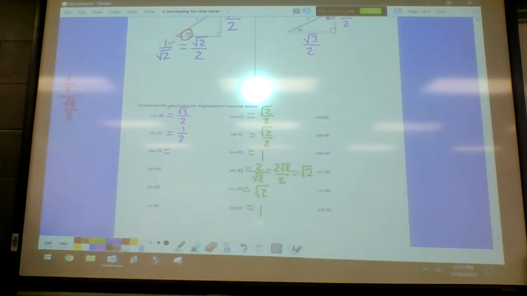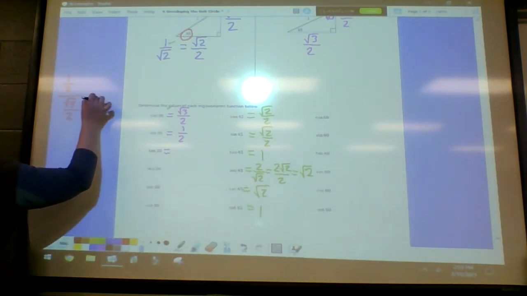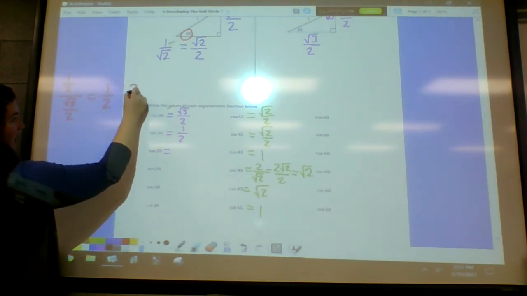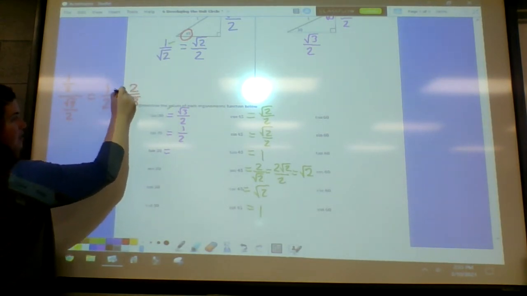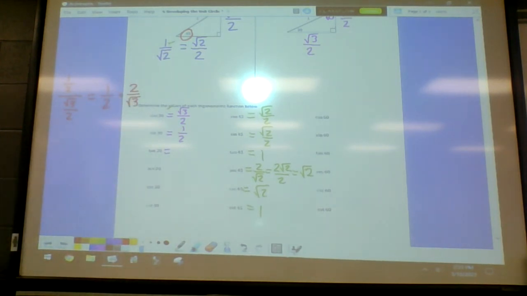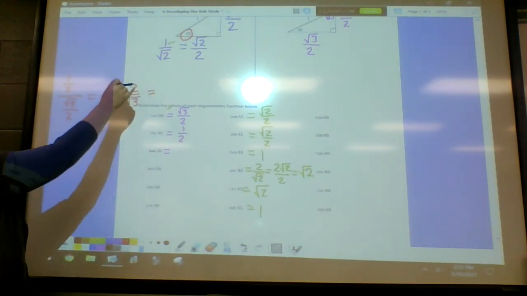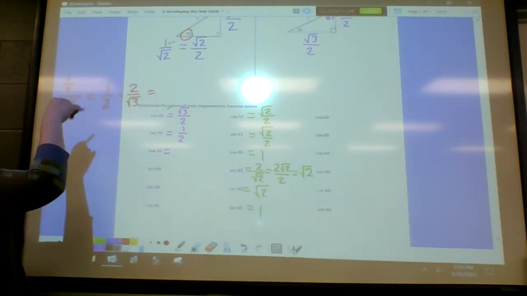And we're going to have to evaluate this. So how do you divide a fraction by another fraction? You take the bottom one, flip it over, and multiply, times the reciprocal. And when you go to multiply this, since there's a 2 in the numerator and a 2 in the denominator, those 2's are going to simplify, right?